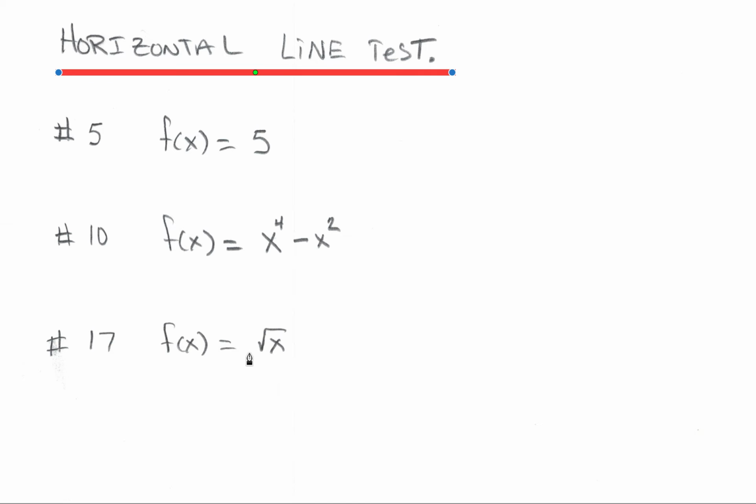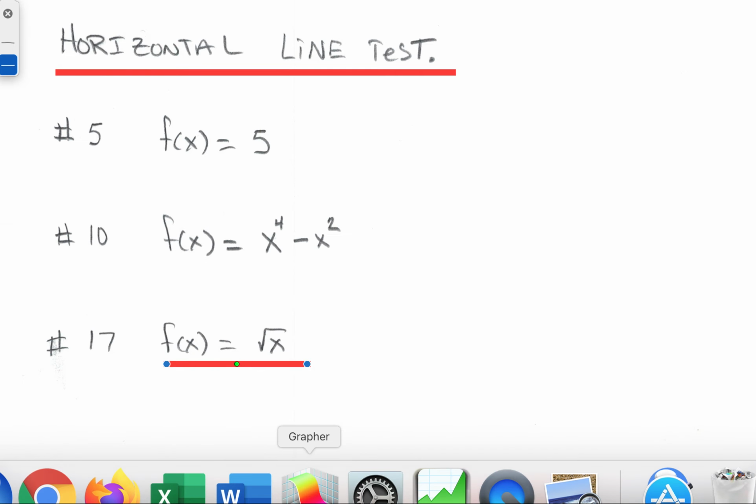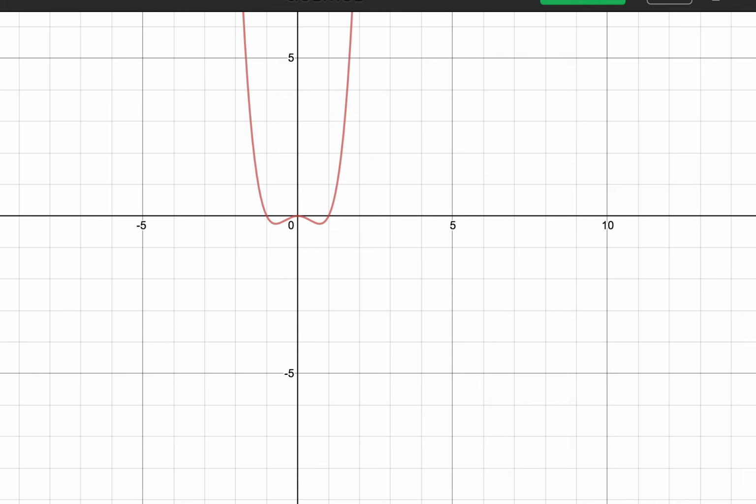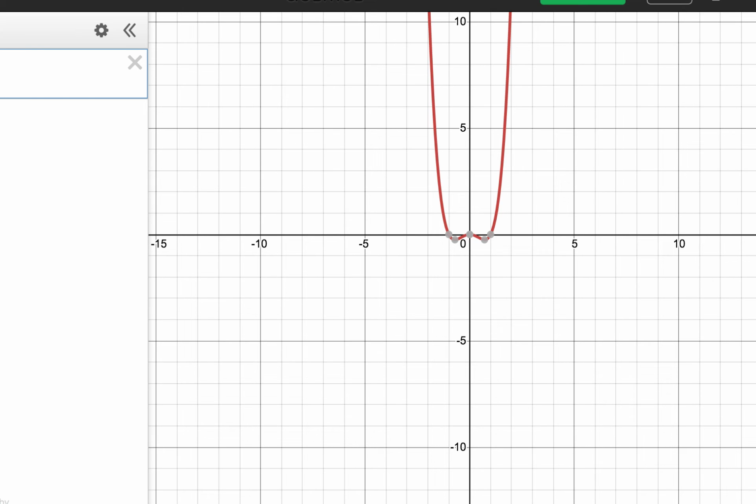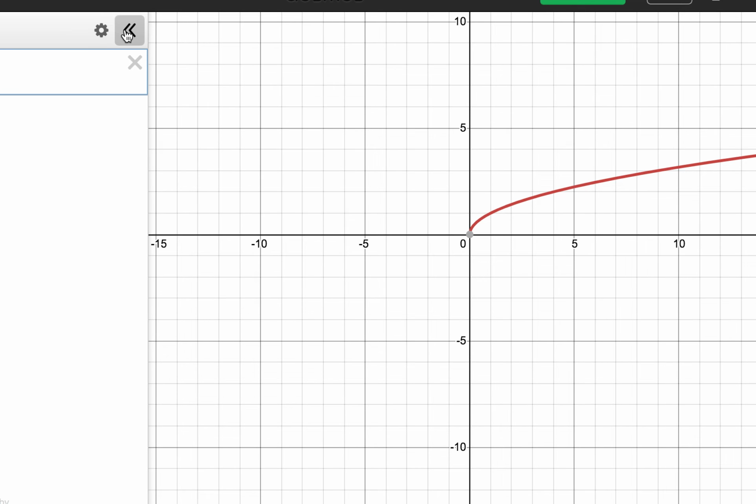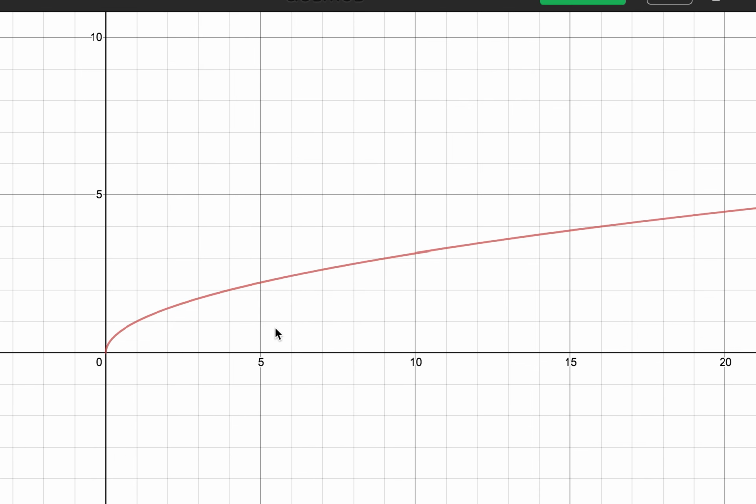And then finally, let's look at number 17, which is f of x is equal to the root of x. So when I look at that on a graph, I can see here that this passes the horizontal line test because I can't find a place anywhere on this curve that if I drew a horizontal line would cross it more than once.